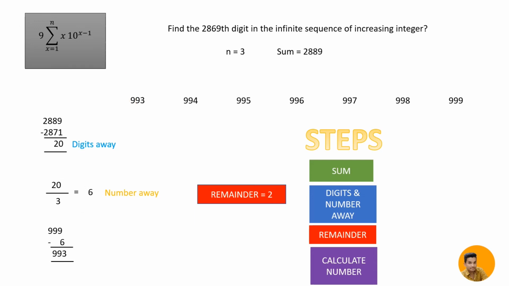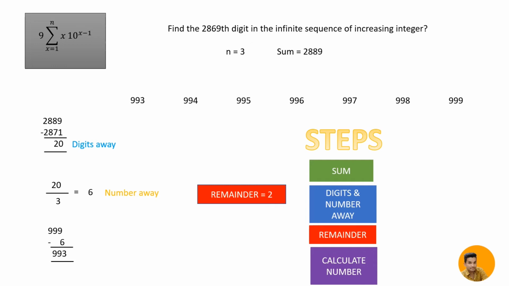Also, one thing: since you have this sum, how you get this is important, right? Because this tells the offset. When you say this is a 3-digit number, what is the ending point of the 3-digit numbers, where the 4-digit numbers start?